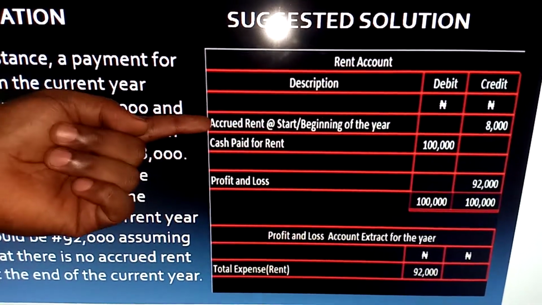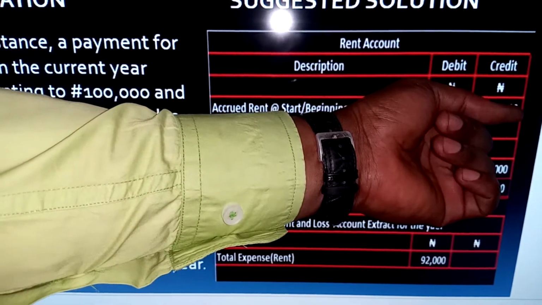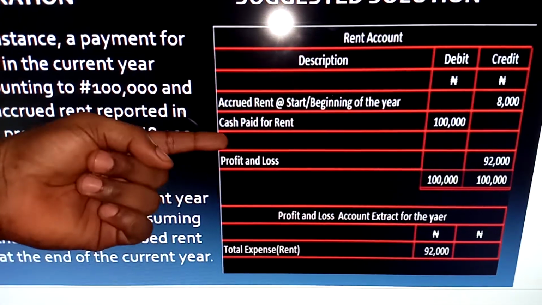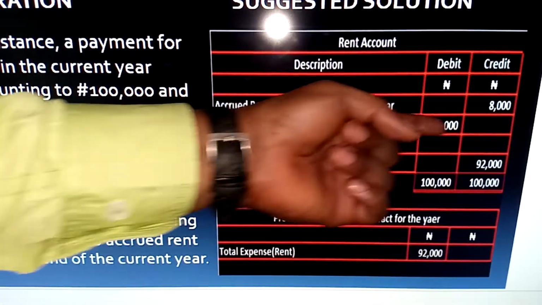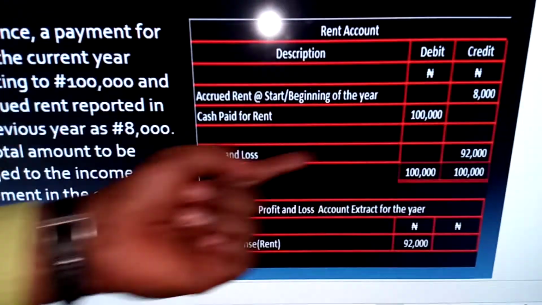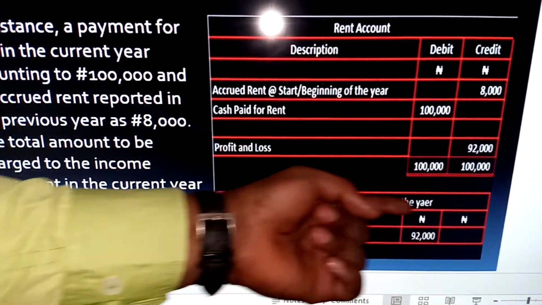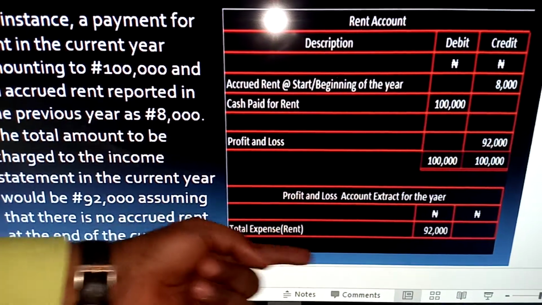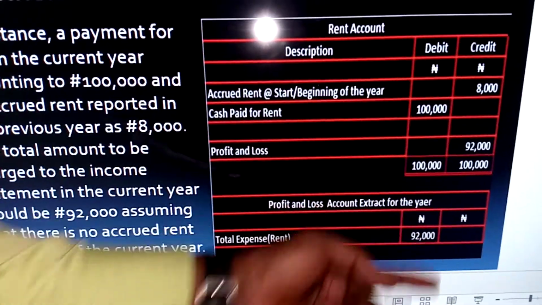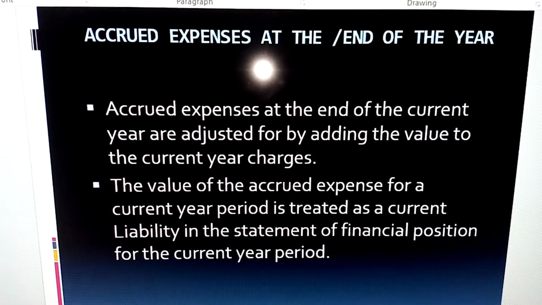So we say accrued rent at start or beginning, 8,000. You see? Then we say cash paid for rent, 100,000. So we're taking out. So the difference is what is going to profit and loss, 92,000. So you can say profit and loss extract here. Total expense, rent, 92,000.